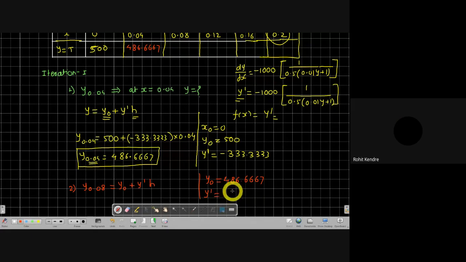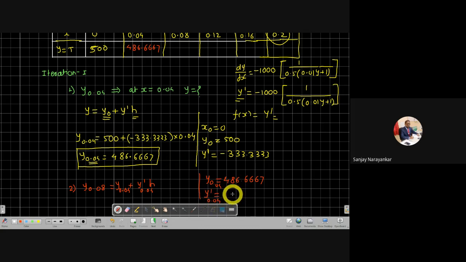Minus 340.91. Okay, for your better understanding, just write y at 0.04 plus y dash at 0.04. So you can use these values, so you can avoid confusion.